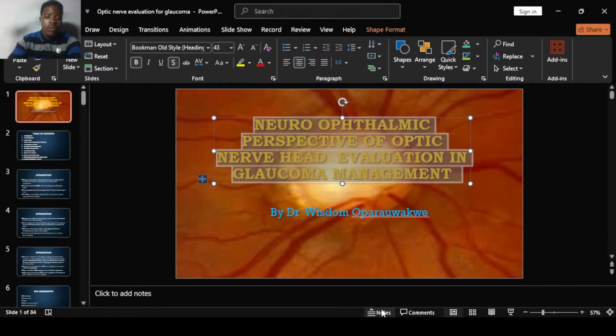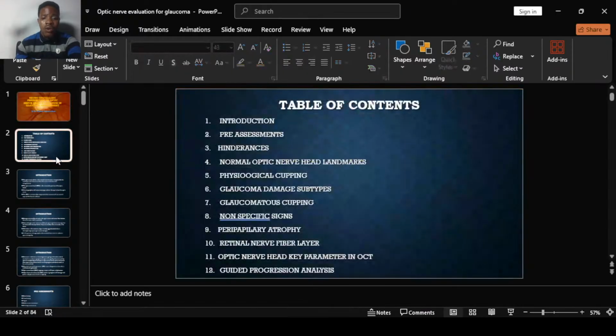So I'm going to be looking at important landmarks. Just quickly on our table of contents, there's an introduction, pre-assessment, what are those important things we are to look at, and then hindrances to examination, the normal optic nerve head landmarks, and physiological cupping, glaucoma damages subtypes.